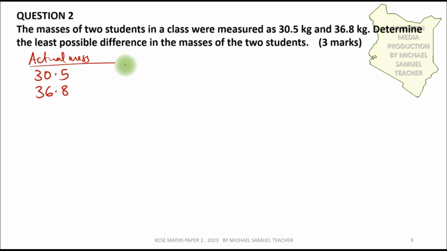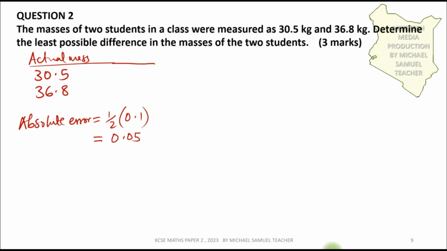For us to get the least possible difference, first we need to get the absolute error. Absolute error will be given by a half of the least unit of measurement. So in our case it is to 1 decimal point, so a half of 0.1, which is 0.05.